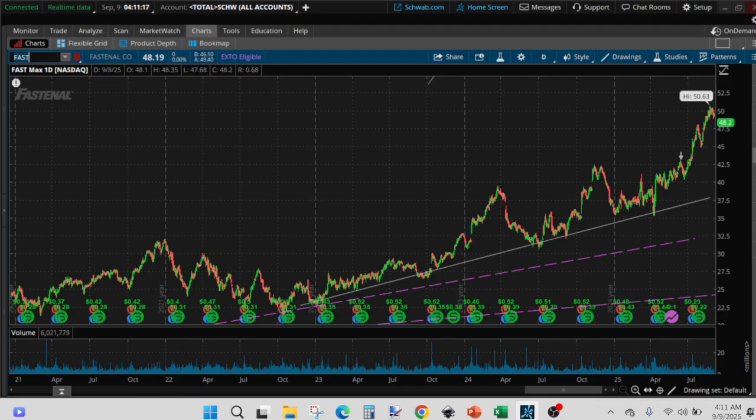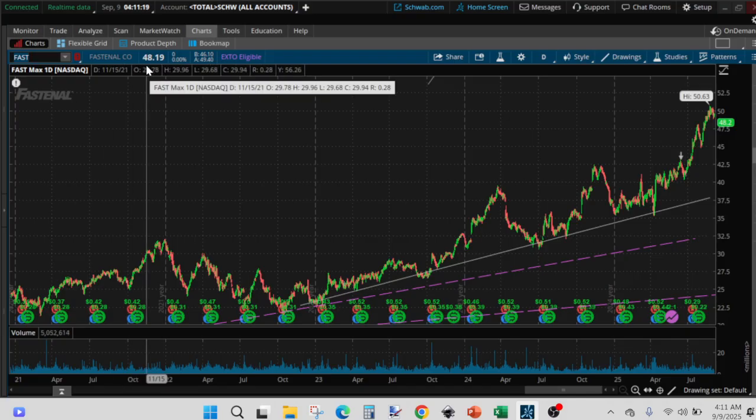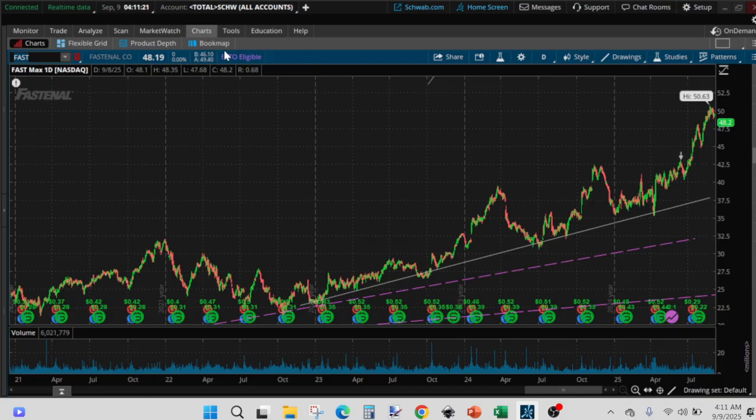For instance, Fast is $48 a share. If you have $100 to spare, you can buy 1 share of this stock. For instance, I don't know where I bought it, but I sold it here at like $42.26. Right now it's selling for $48.19.